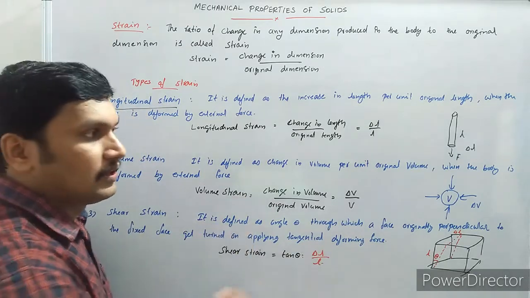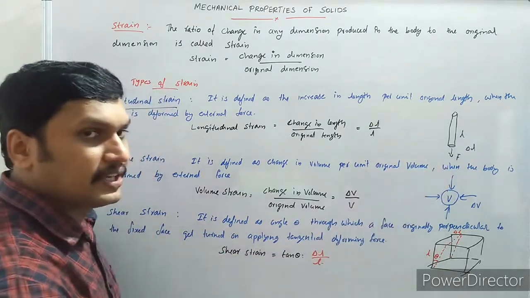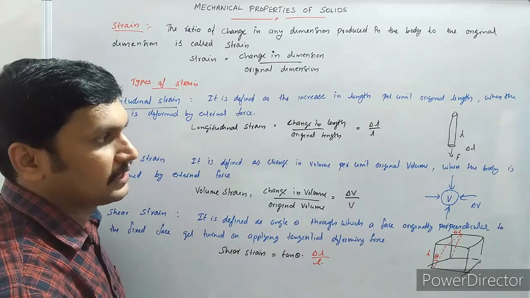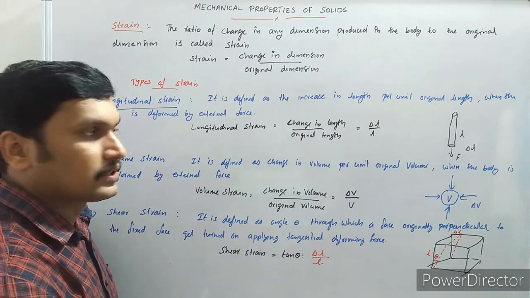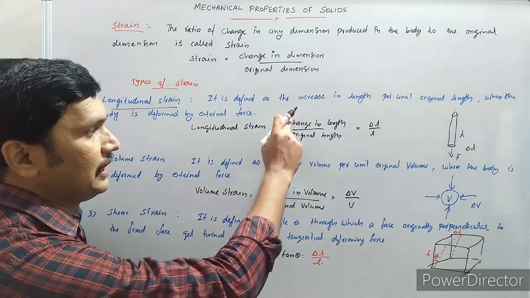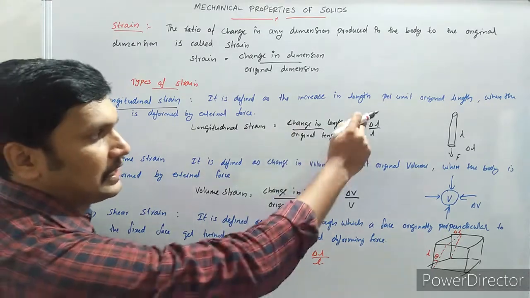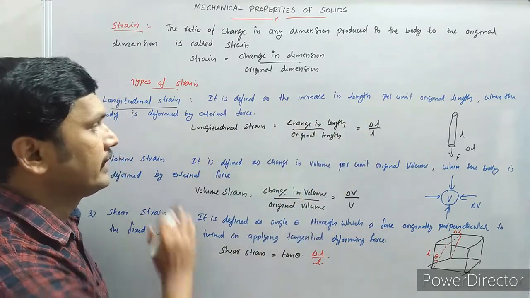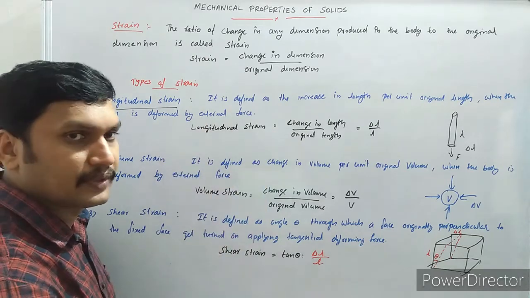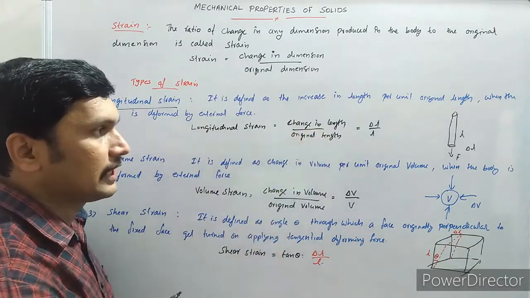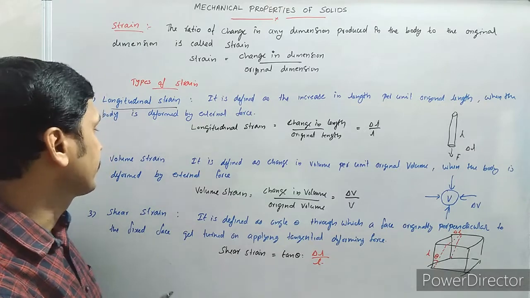So the length of the rod is changed. Suppose there is an increase of length delta L. So the strain is the change in length by original length, delta L by L. So that is known as longitudinal strain. The change in length by original length is known as longitudinal strain.